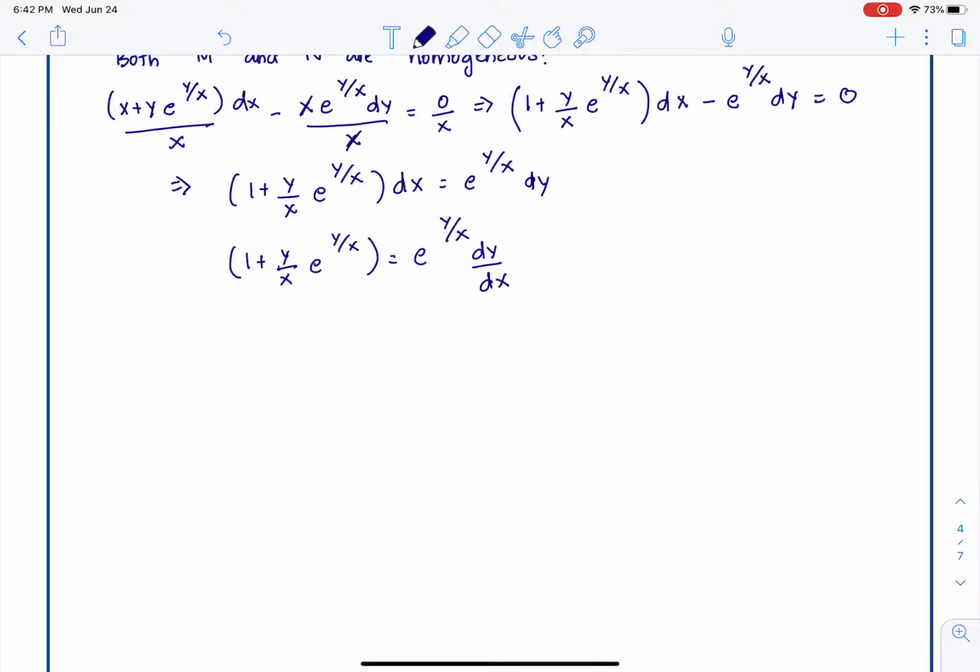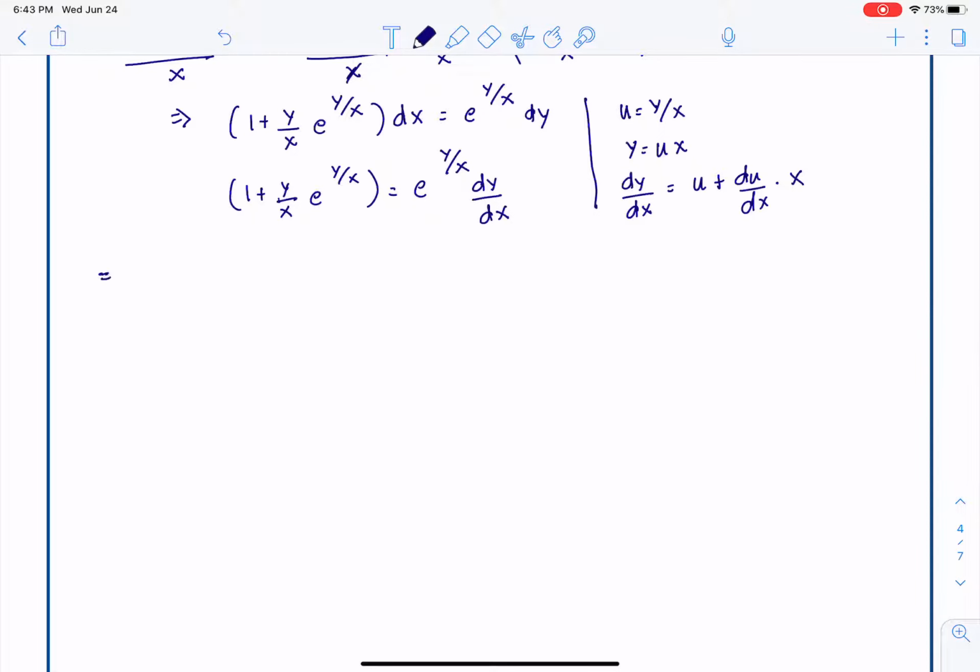Now, since we use the substitution u equals y over x, y would equal u times x, which would imply dy over dx is equal to u times the derivative of x with respect to x, that is 1, plus du over dx times x.